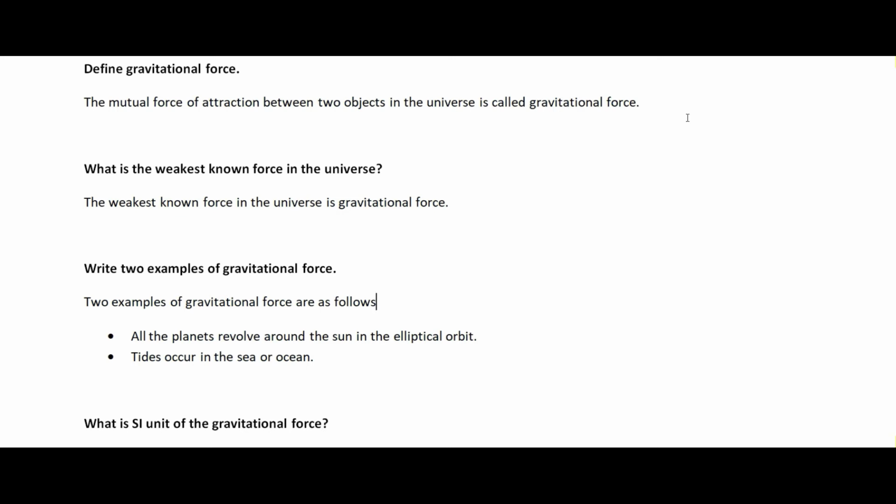Here I have mentioned two examples. First, all the planets revolve around the sun in an elliptical orbit. This is due to the gravitational force between the planets and the sun. There is a gravitational force of attraction between the planets and the sun, and due to it, all the planets revolve around the sun in an elliptical orbit.